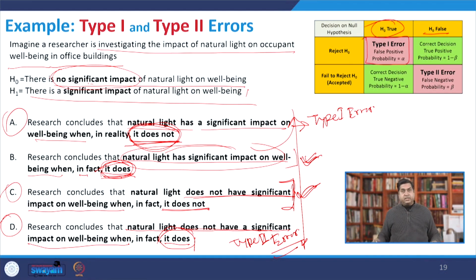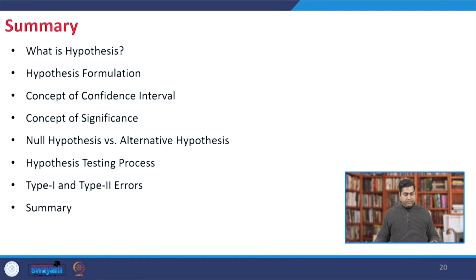Hope this is clear. If you see that the statements are confusing, but if you just correlate with the table it is very easy, right. So, let us summarize this particular aspect here.